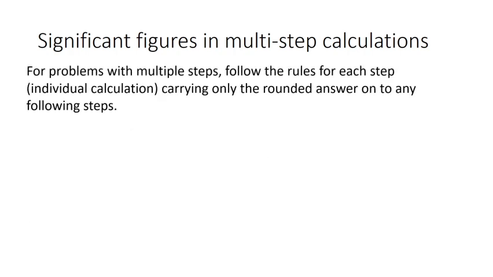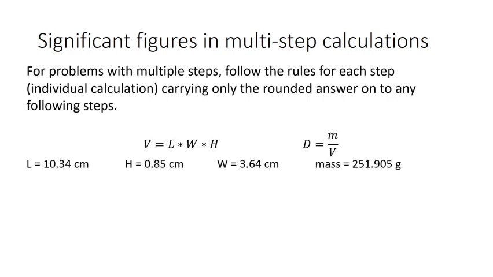For problems with multiple steps, follow the rules for each individual calculation, carrying only the rounded answer on to any following steps, right?